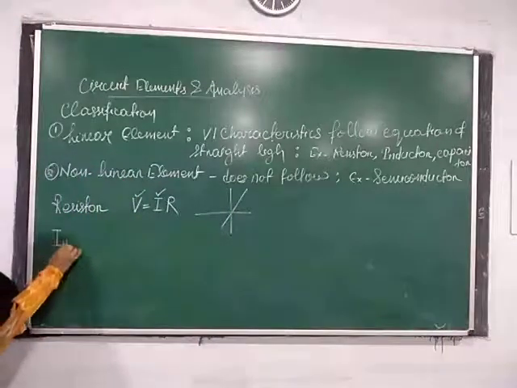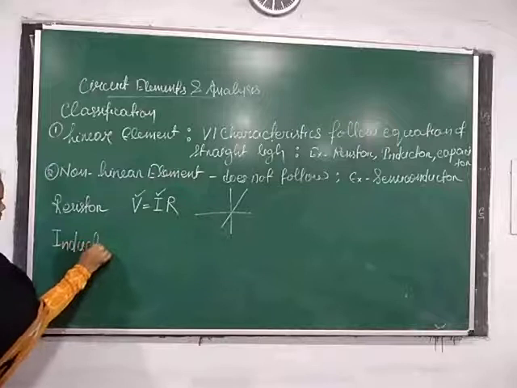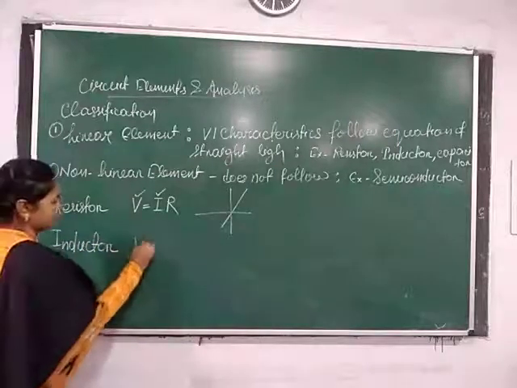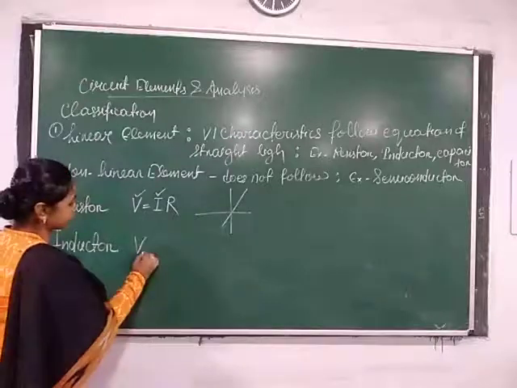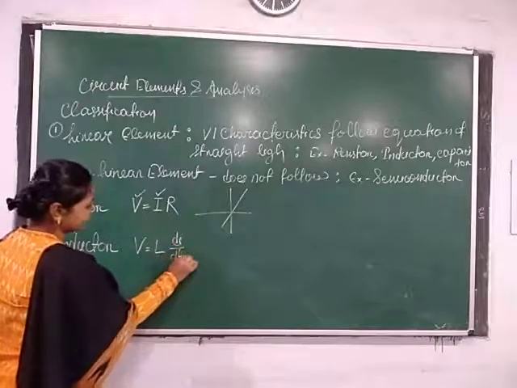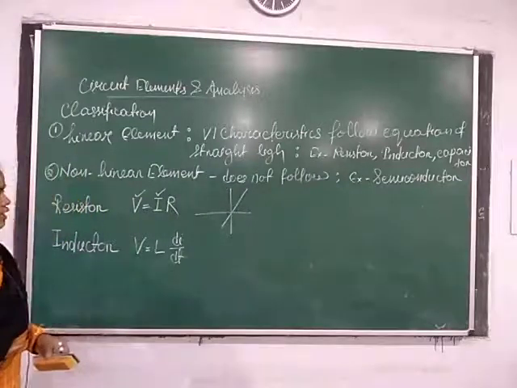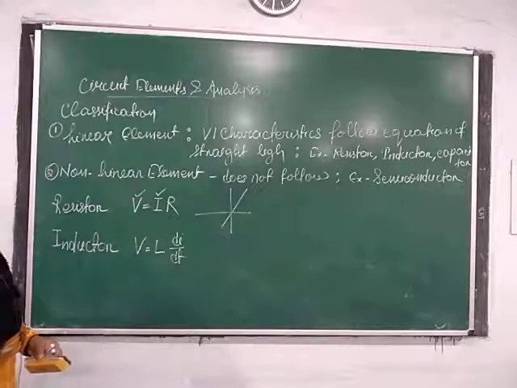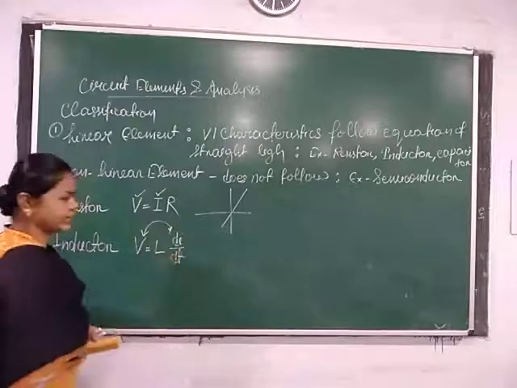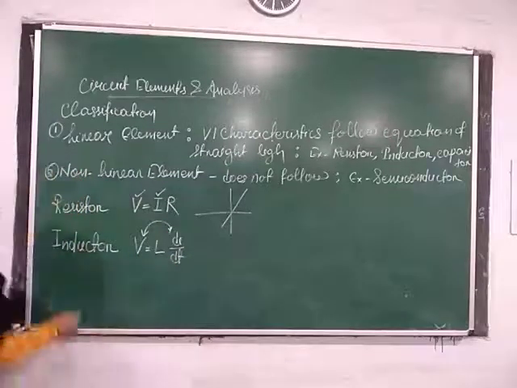Similarly for inductor, the voltage across the inductor is L di by dt. This equation you get from Faraday's law of electromagnetic induction. Here also voltage and current are directly proportional to each other.